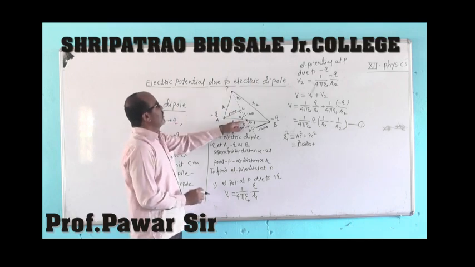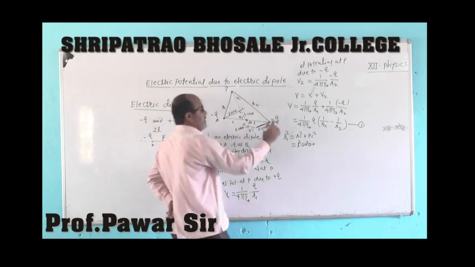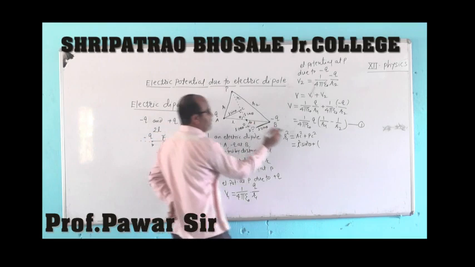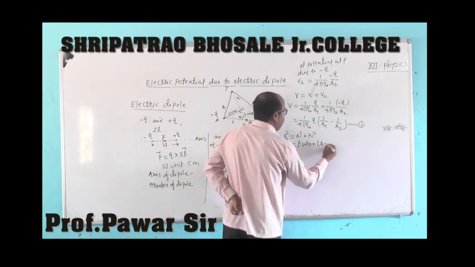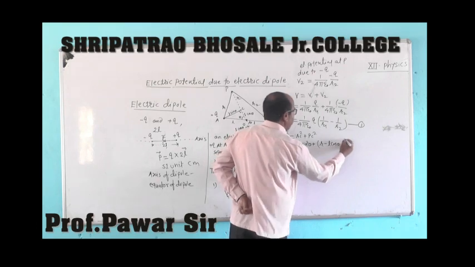If P2O is R, and this is L cos theta, we can write this as (R minus L cos theta) bracket square.